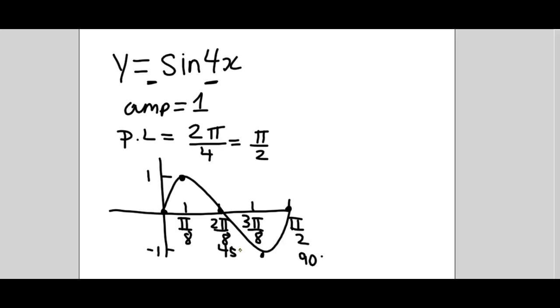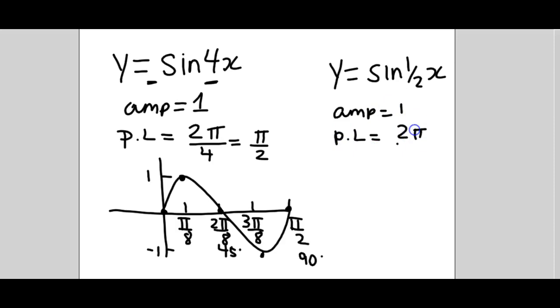Okay, so then the second part of this was they wanted you to see what this would look like. Well, in this situation our amp is still 1 and our period length is 2 pi over a half. So 2 pi over a half is a fraction over a fraction.